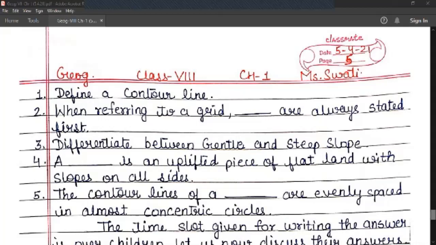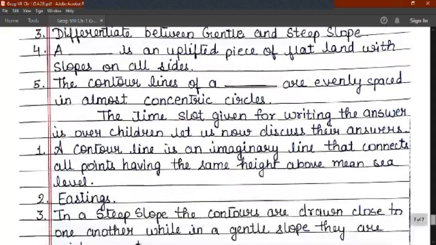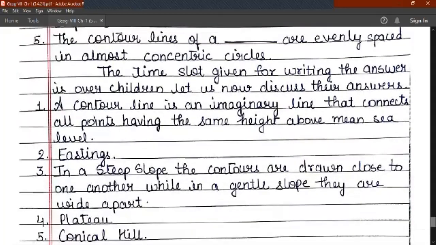So students, the time slot given for writing the answers is over. Let us now discuss the answers. Answer number 1. A contour line is an imaginary line that connects all points having the same height above mean sea level.